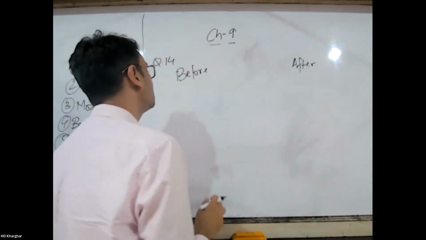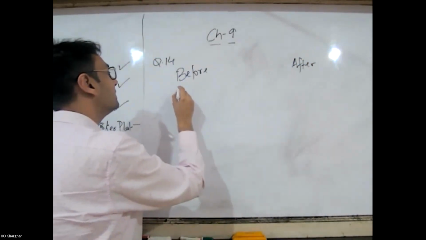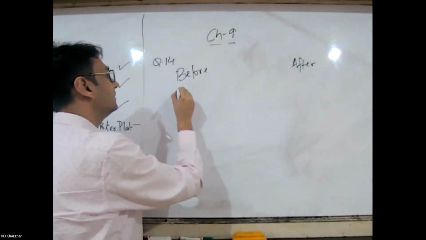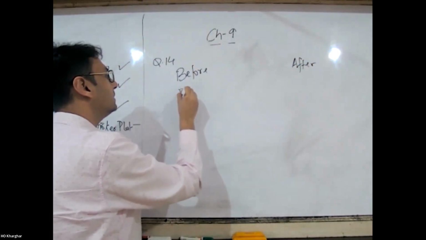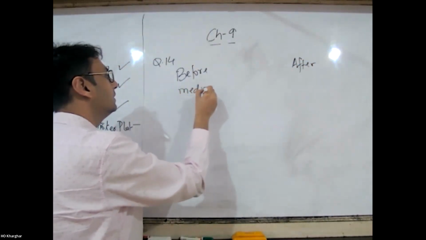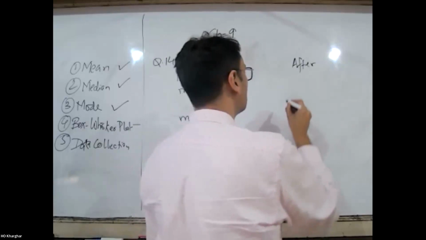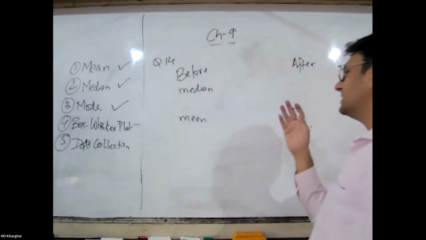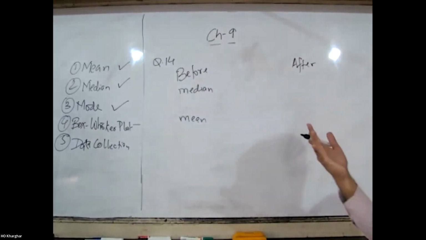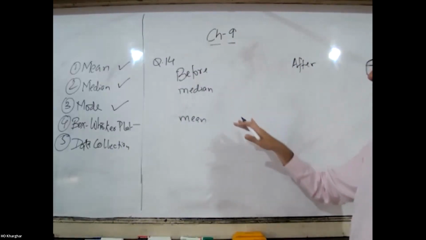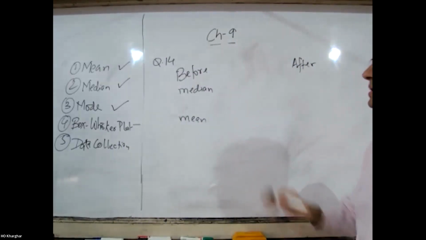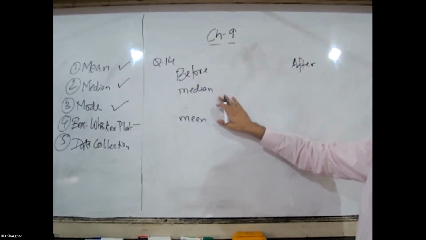Before this new student joins, what you have done is you have calculated median and mean. And after this person joins, there may be some change in median or some change in mean. But before this person joins in, what is the old median?